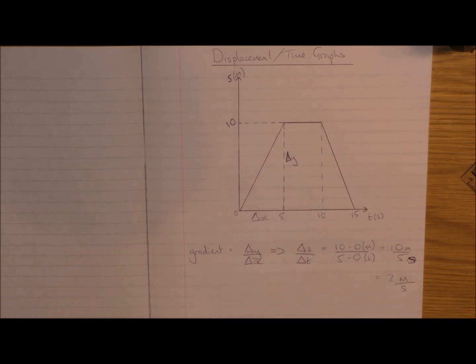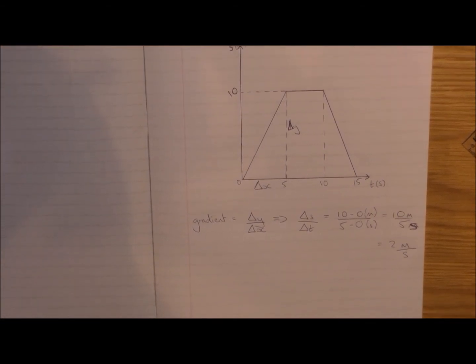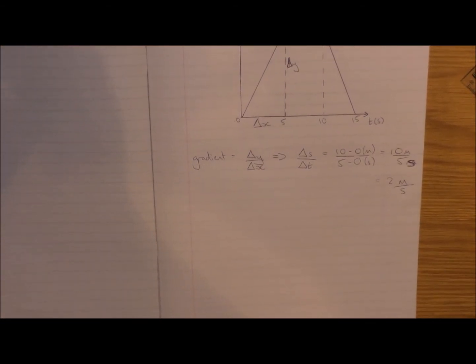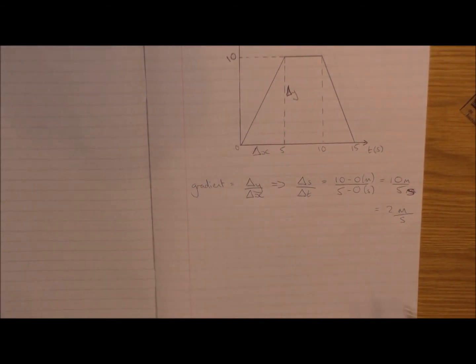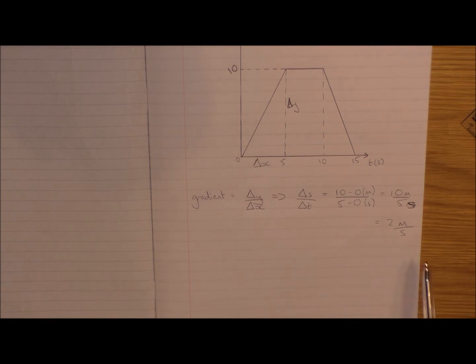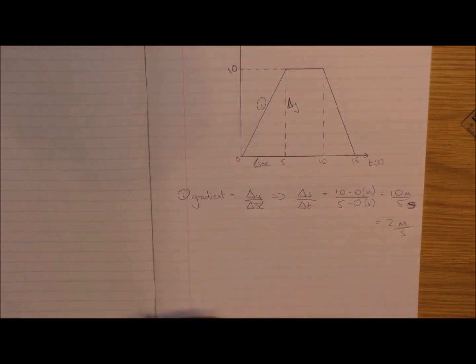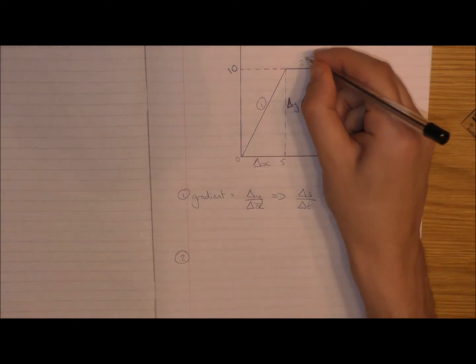For this part, let's move the camera up a bit. For this part, we can do the exact same thing again. So we'll call that gradient 1. We'll call this part of the journey 2.